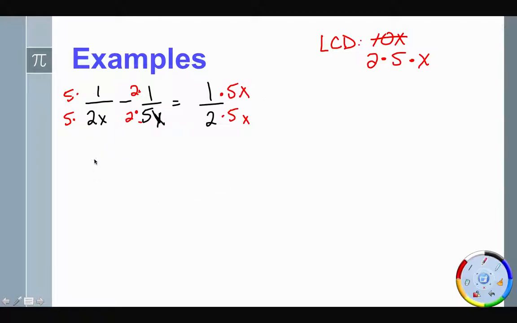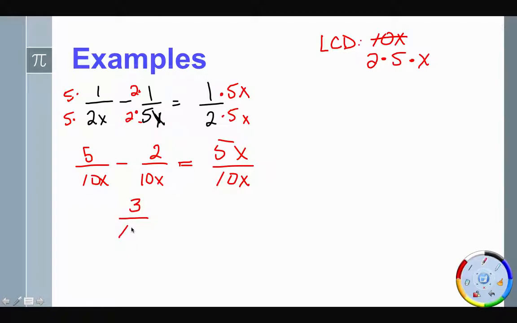So here in the far left, I get 5 times 1, which is 5, over 10x, minus 2 over 10x is equal to 5x over 10x. Now, as the how-to slide mentioned, we're going to combine the fractions that require the addition or subtraction. And we're going to say 5 minus 2, since they have common denominators, is 3 over 10x.